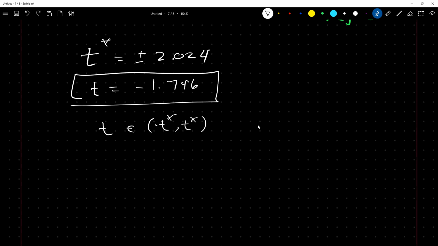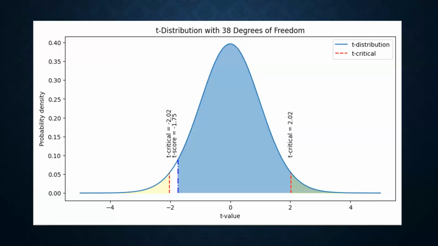And so let's go ahead and take a look at what this result is. All right, so let me go here. Okay, so what I can see here is that we calculated our T critical to be from negative 2.02, that's the left side, and then 2.02 is the right side.